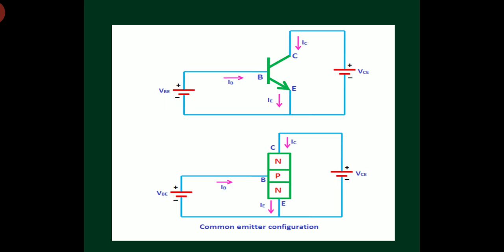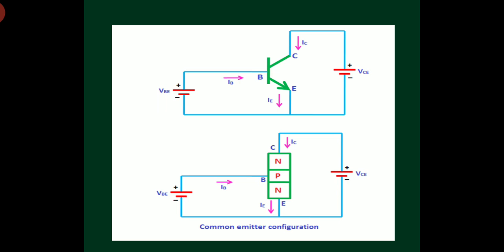And I am applying now a high reverse voltage VCE, 10 volts. So what will happen? The depletion region width at junction JC increases drastically. If I go on increasing VCE, then the depletion region width will increase much more at junction JC.